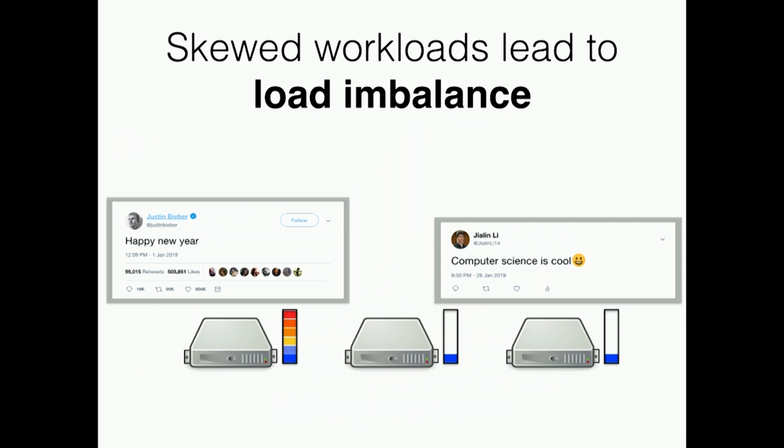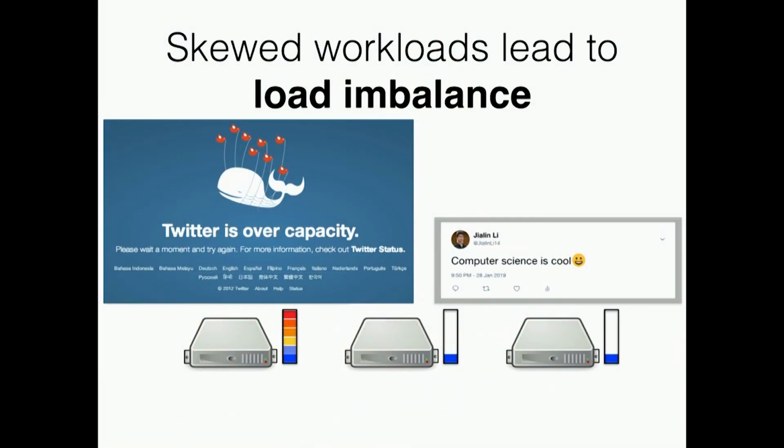This load imbalance can significantly impact system performance, as requests going to these overloaded servers will suffer much higher latency, and it will limit the overall system throughput. Well, the next time you see this page on Twitter, you should know who is causing it.